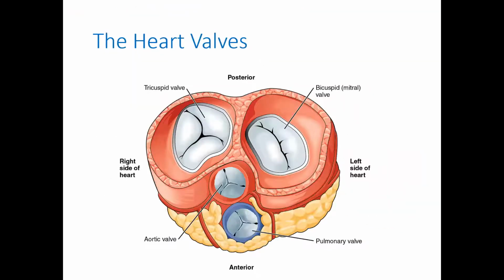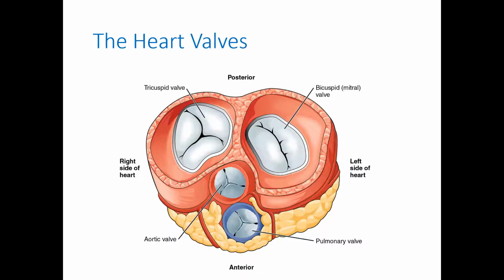Okay, so these are the heart valves, and we look straight down into them. We have what's known as the tricuspid valve. That's the atrioventricular valve between the right atria and the right ventricle. Notice that it has 3 flaps to it. On the left-hand side, we have the bicuspid or mitral valve between the left atria and the left ventricle.